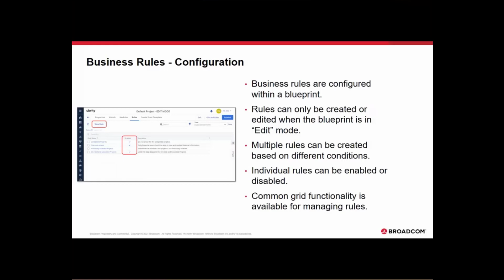So once you've defined the multiple conditions, you do have the option to say only certain rules are enabled or disabled. Rules can only be enabled once the actions and the conditions have been defined correctly. And you have the common grid functionality for managing the rules. So you can easily see all the information and use the checkbox to enable or disable the rules.